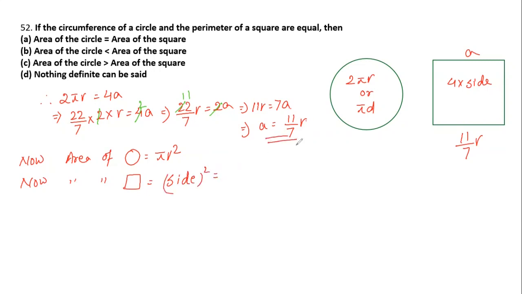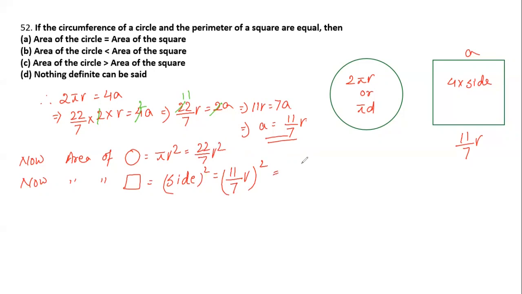But what is the value of a? 11/7r. So write down here 11/7r square, and this will be our 22/7r square.